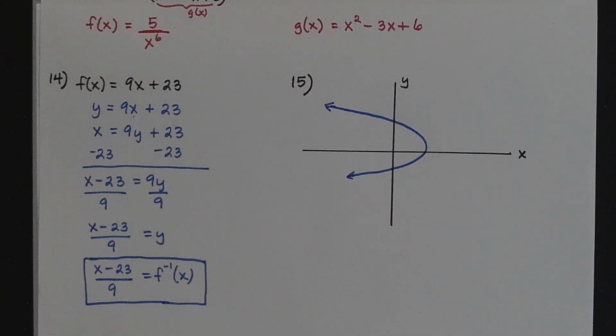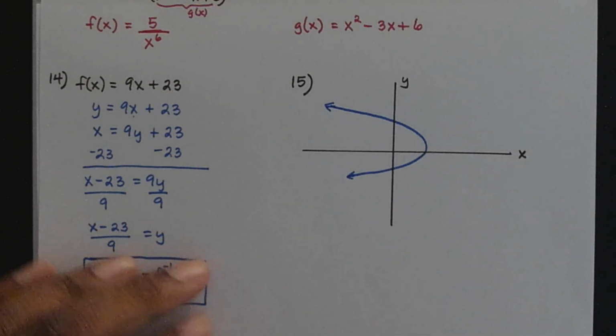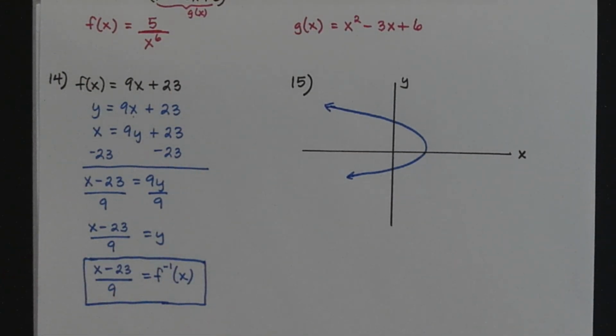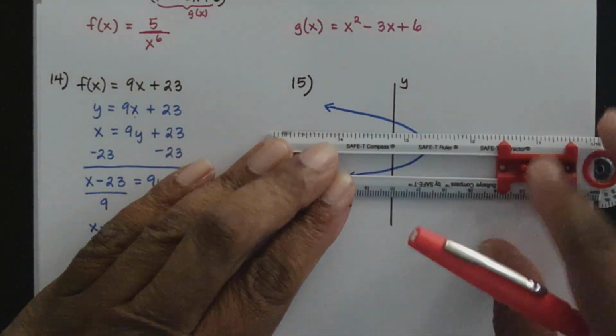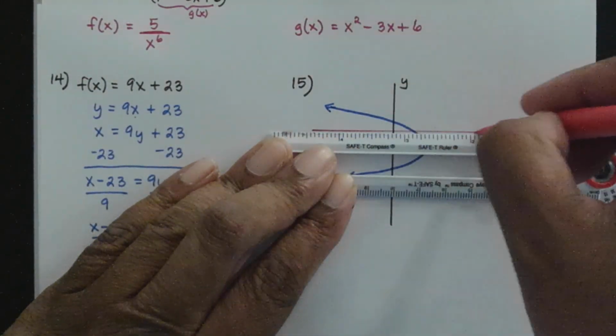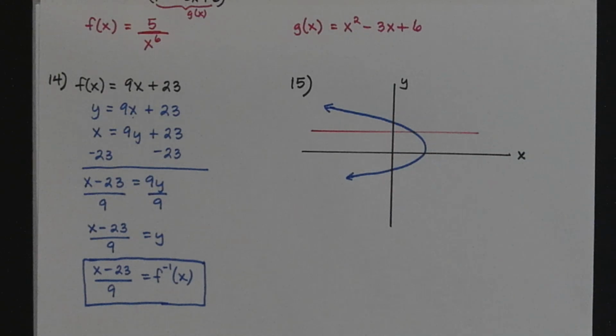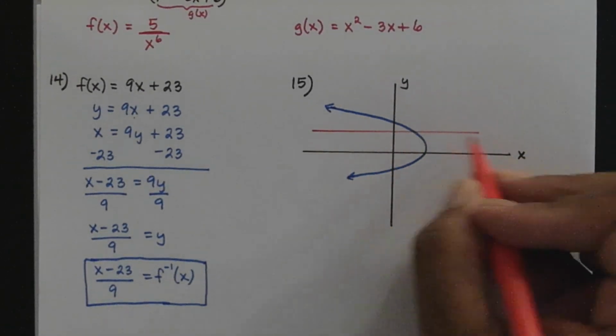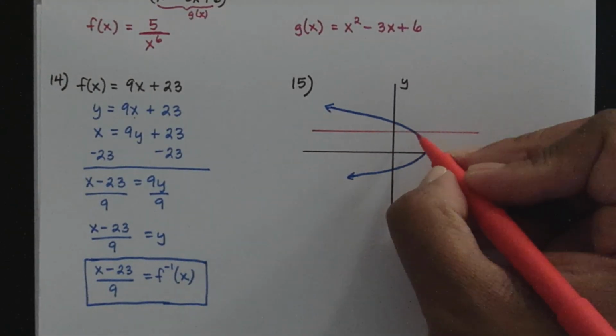The horizontal line test helps us determine whether the graph of that function has an inverse. So would this have an inverse if I draw that horizontal line? Yes, it would.